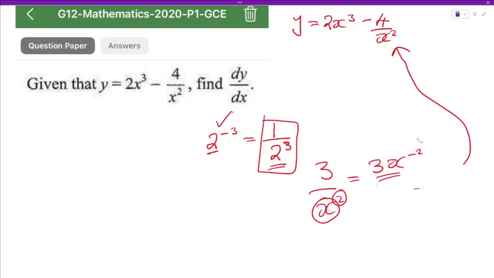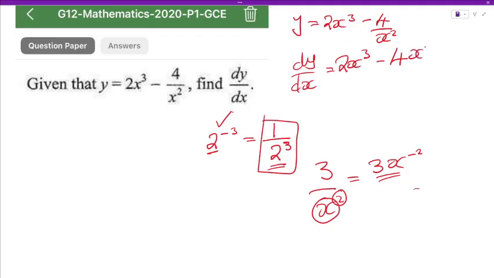That's how you do that. Meaning, here dy over dx is going to be equal to 2x cubed minus 4, the x goes up there and its power converts to a negative. That's how you express positive indices as negative indices.